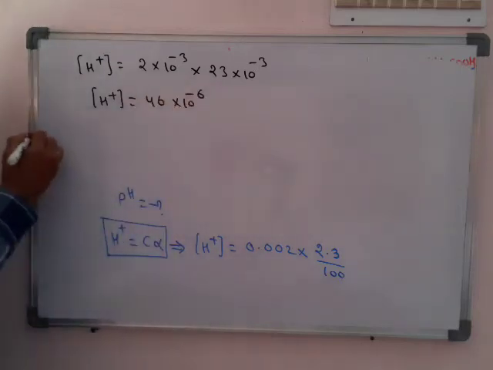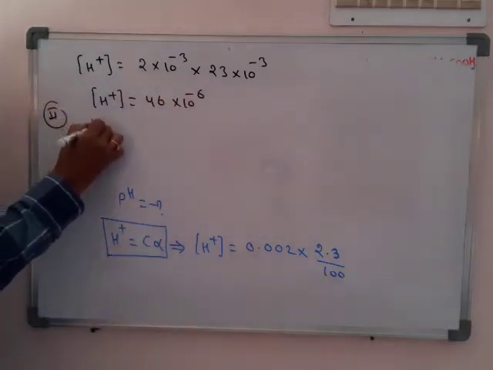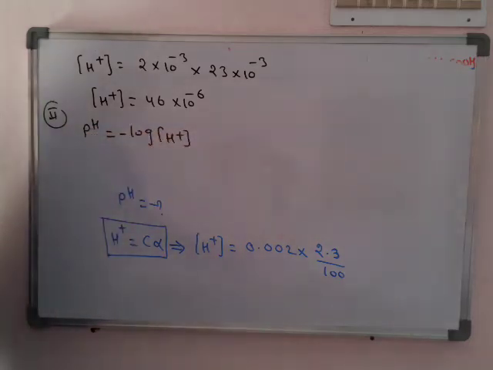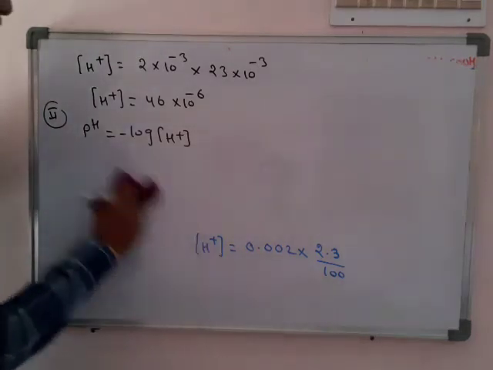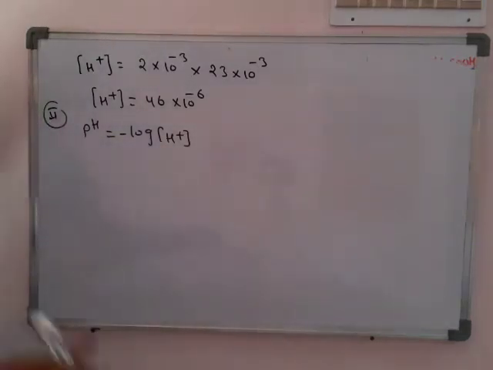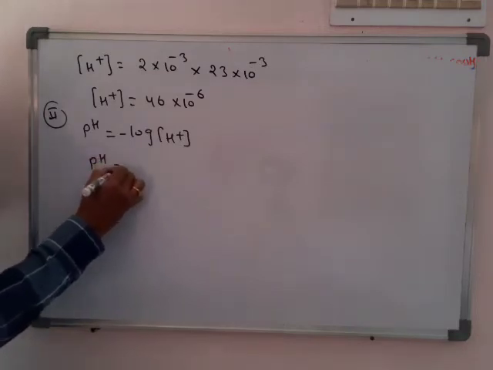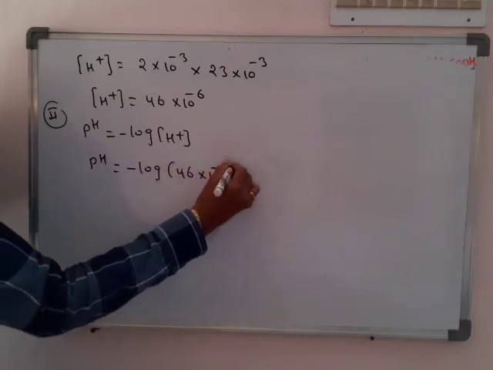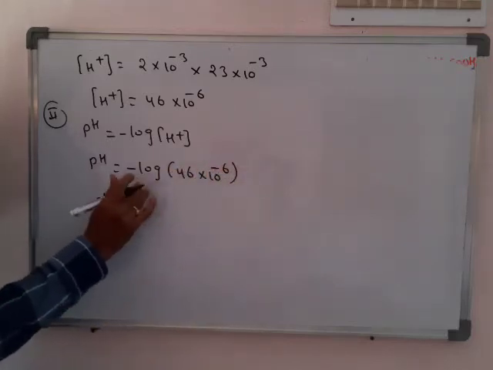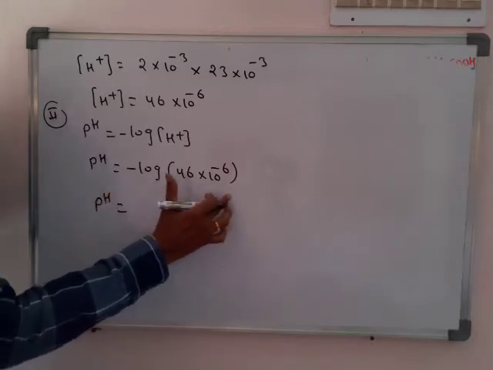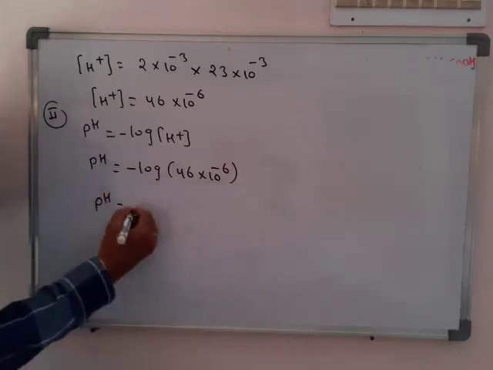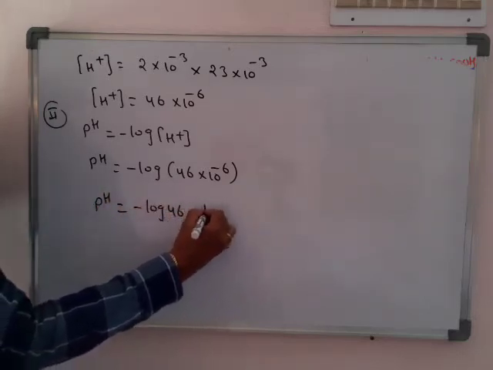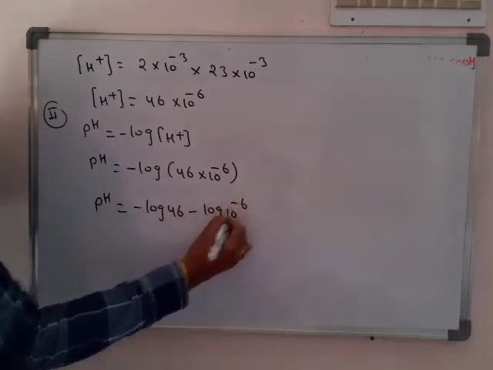4.6 into 10 power minus 5. So in step 2 calculate the pH. Means with the help of given information we calculated the H plus. So pH equals minus log of 46 into 10 power minus 6. This is just like log A into B. Log A into B can be written as log A plus log B. So just multiply with the negative also, minus log 46, next minus log 10 power minus 6.